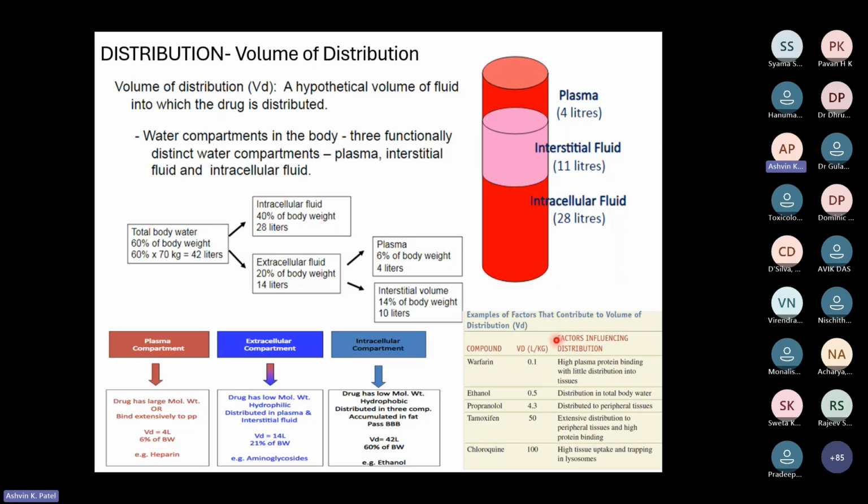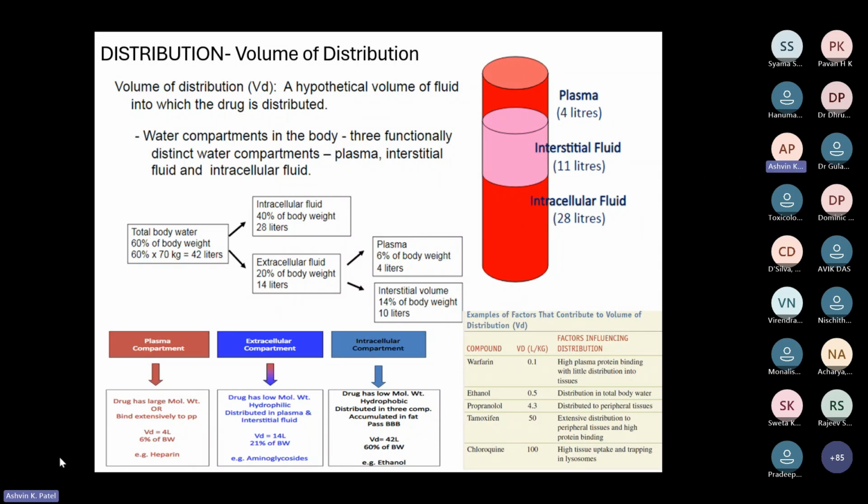So there are these three compartments. Take the example of the plasma compartment: drugs that have a large molecular weight or bind extensively to plasma protein. Whereas toxicants or drugs in the extracellular compartment have low molecular weight, are hydrophilic, and are distributed in plasma and interstitial fluid.